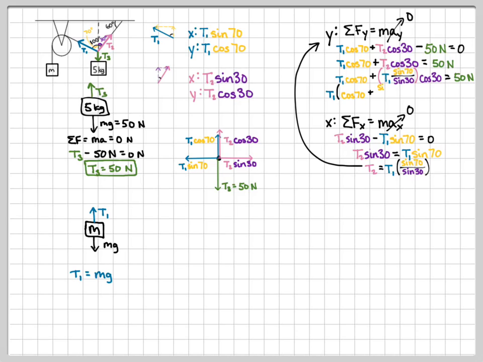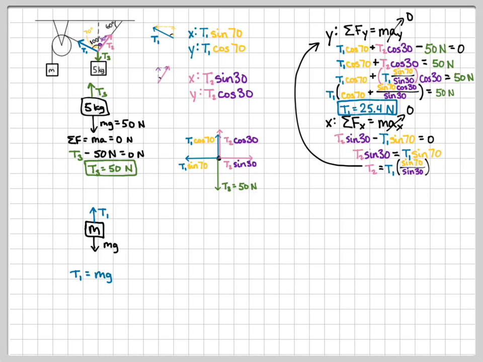I get cosine 70 plus sine 70 cosine 30 over sine 30, all that equal to 50 newtons. So now I plug that mess into my calculator, and then I do 50 newtons divided by that mess. I get T1 is equal to 25.4 newtons.